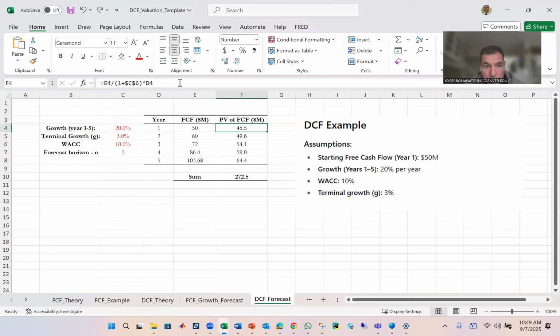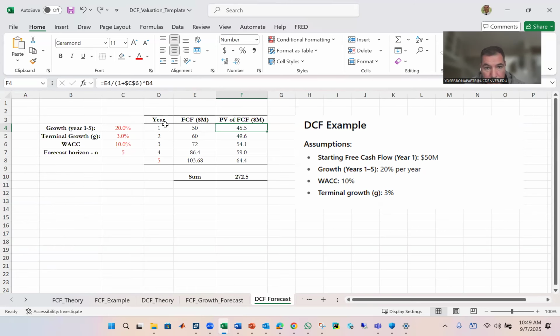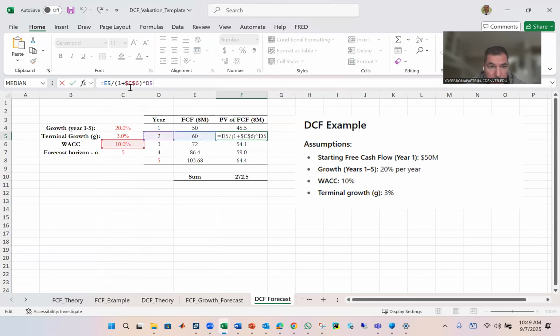And then the present value uses the formula of 1 divided by the discount factor, which is 1 plus WACC to the power t. So for year 1, it will be 1.1, and for year 2 the same WACC, 10%.